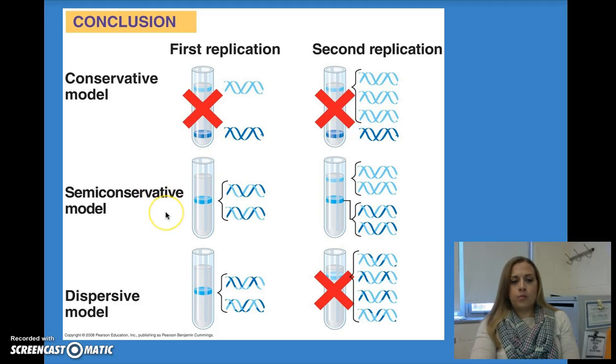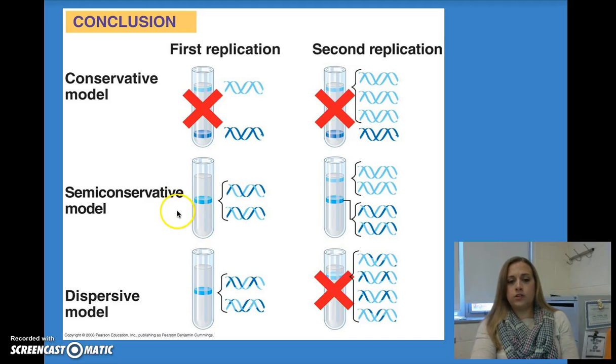Okay, with the semi-conservative model and with the dispersive model, this first test tube actually worked out with, like, could have been either. So there was just the one band that you would have had with the semi-conservative or with the dispersive model, because you have essentially an equal mix of old and new strands of DNA, so it's a perfect mix of the nitrogen 14 and the nitrogen 15, which is why we see that band in the middle and not either really heavy or really light.